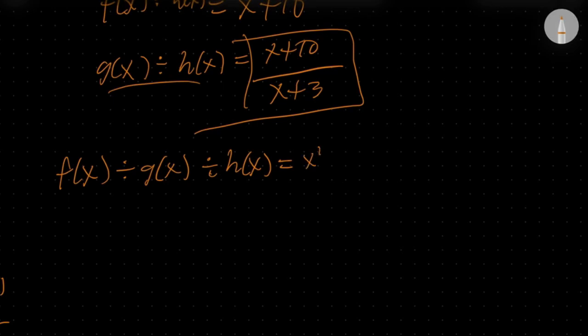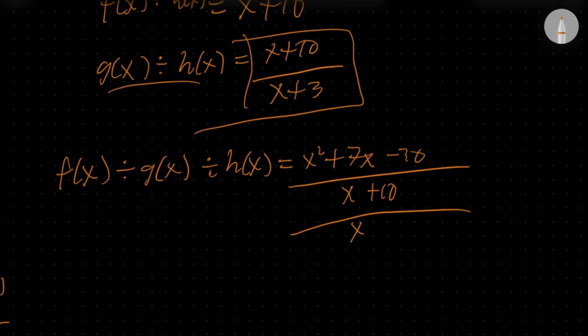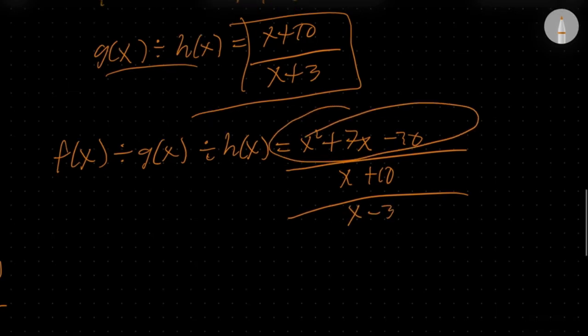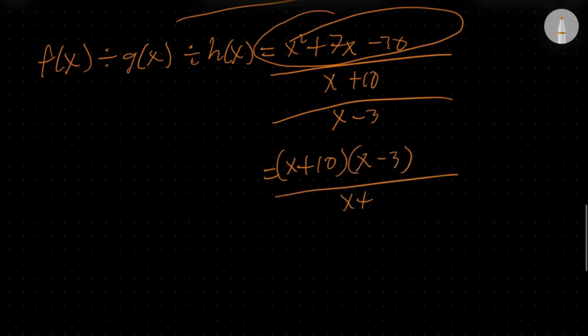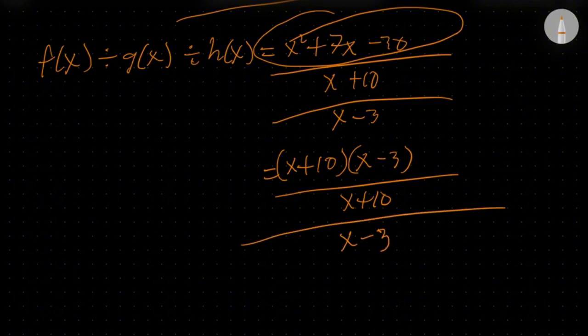We'll have x squared plus 7x minus 30 over x plus 10 over x minus 3. Let us first start by factoring this out. We'll have x plus 10 and x minus 3 over x plus 10 over x minus 3.